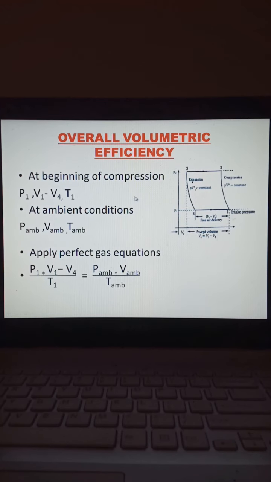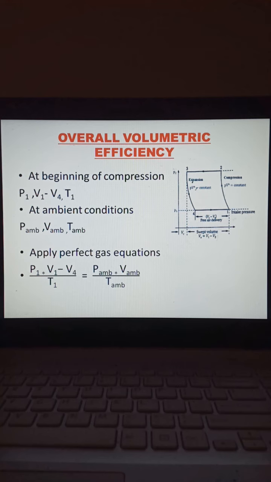Now, first of all, we consider two different states. The first one is the state at the end of suction or at the beginning of compression. Point 1 represents the end of suction or the beginning of compression. Let P1, V1 minus V4 and T1 be the pressure, volume and temperature at this condition, that is, inlet to the compressor.